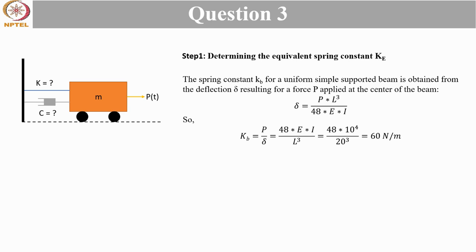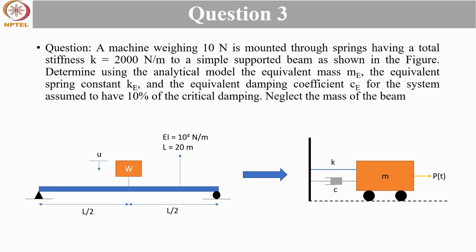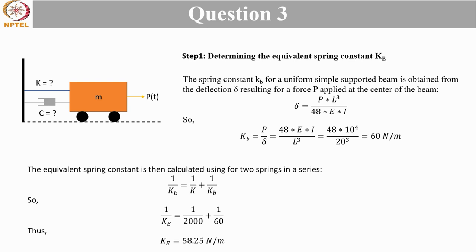And we also know the stiffness coefficient of the spring. Both these things are in series. You can visualize this from the question: both the spring and the beam are in series. So the equivalent spring constant will be calculated as 1 upon Ke is equal to 1 upon K plus 1 upon Kb. We saw these relationships for springs in series and springs in parallel in the last week's tutorial also, so if anyone doesn't know about them, they can review that tutorial again.